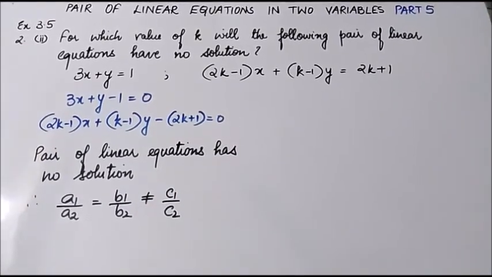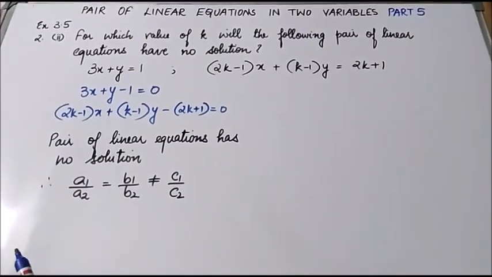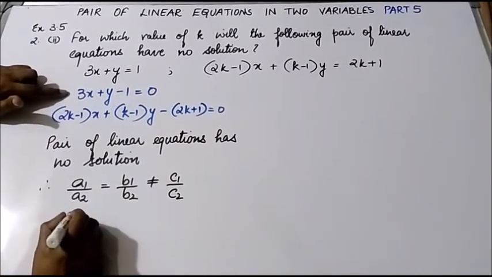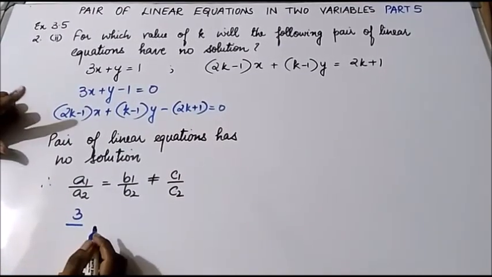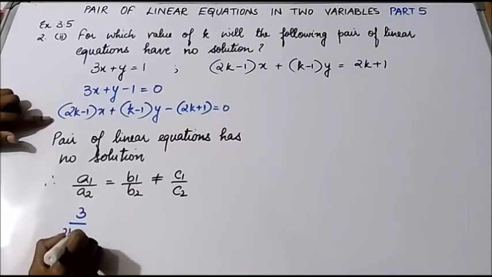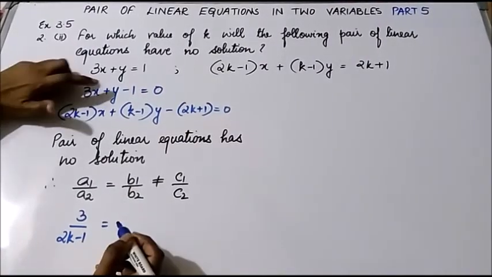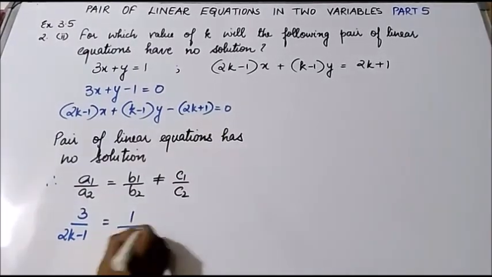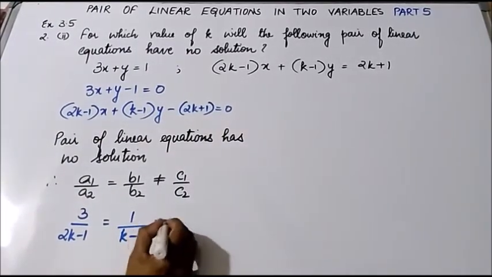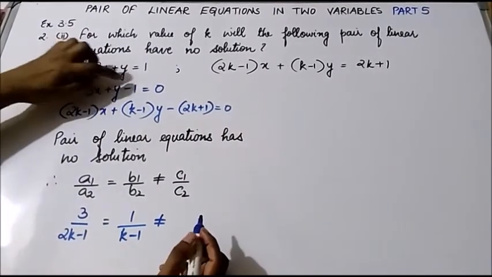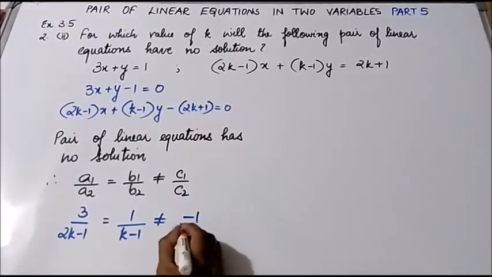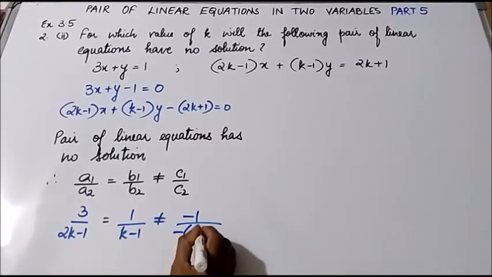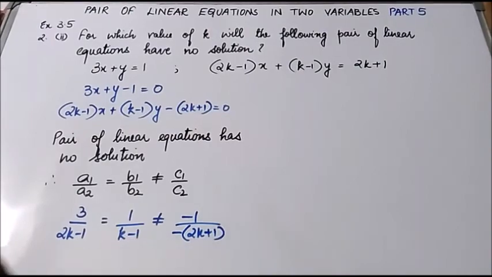Now what is a1? It is the coefficient of x in the first equation, that is 3. a2 is coefficient of x in the next equation, 2k minus 1. b1 is coefficient of y, that is 1 here, and b2 is coefficient of y here, that is k minus 1, not equal to, here c1 is minus 1 and c2 is minus into 2k plus 1.